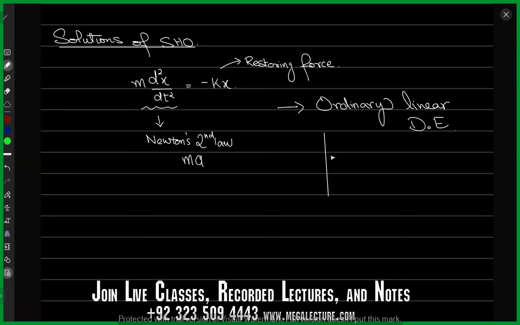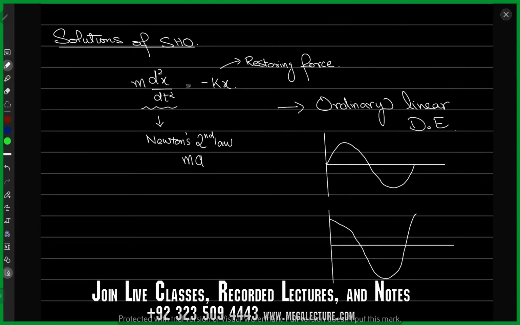And we talked about those functions. They are sine and cosine functions, right? So if this is a sine, this is a cosine function. These are the functions that repeat their shape after some intervals. So the solution should look like either one of those.